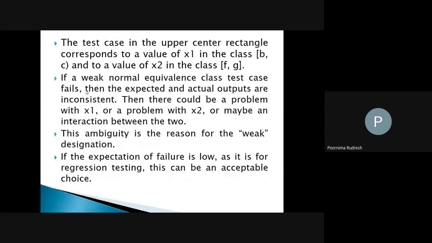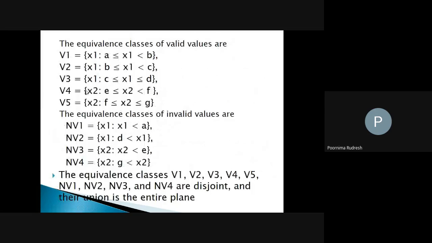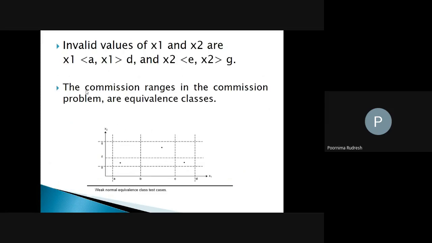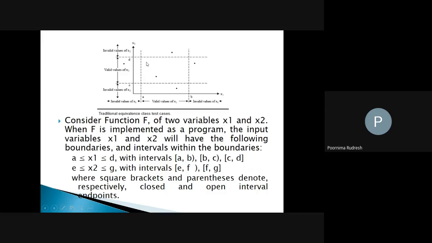So for v1, if we consider x1, a ≤ x1 < b, that is treated as a valid one. Why? Because see here, the values are within the range. For x1 it is a ≤ x1 ≤ b. So this is considered a valid value because the value is between the range a and b.